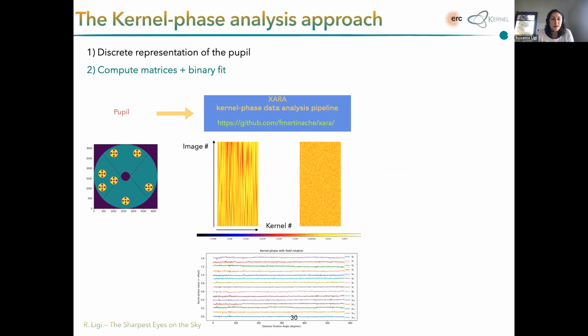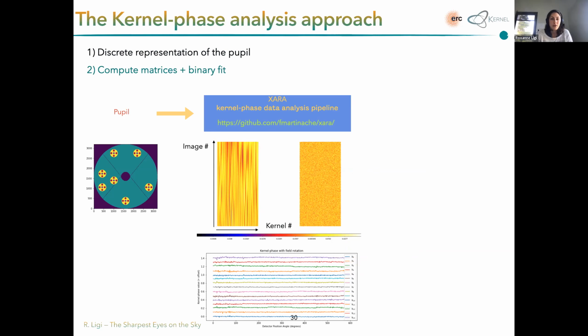Then there is a kernel phase data analysis pipeline that has been developed by Frantz Martinache, which is called XARA. Using this discrete representation of the pupil, the XARA package computes the kernels. You see here a representation of the kernels on the left for a star with an exoplanet, and on the right for just random noise, just to see the difference.